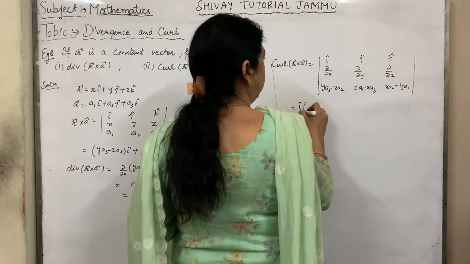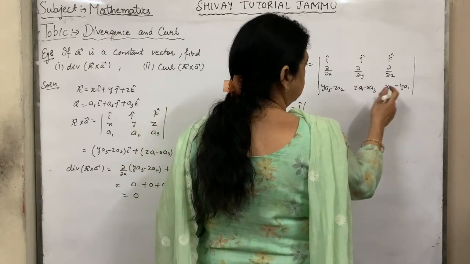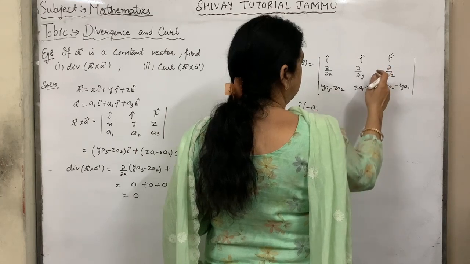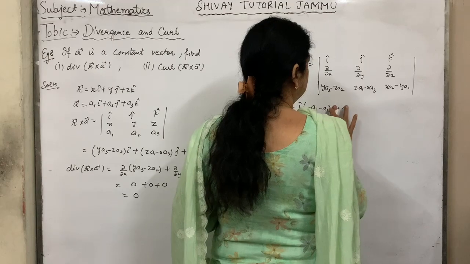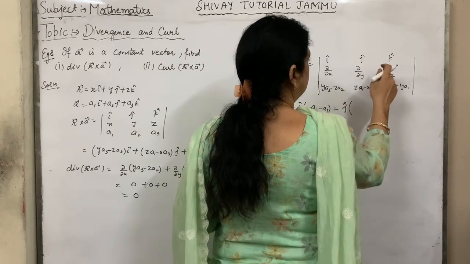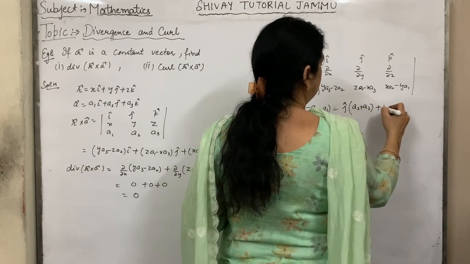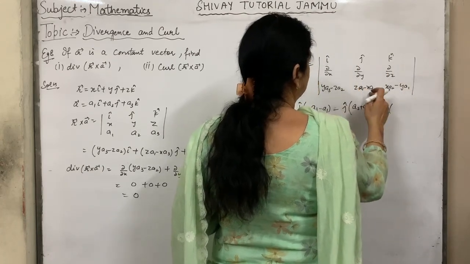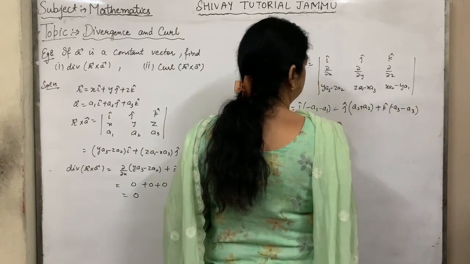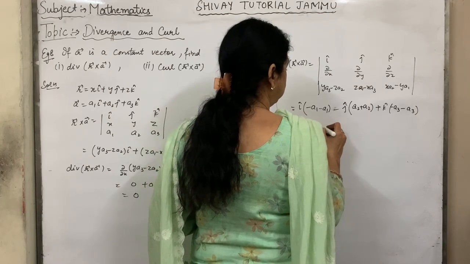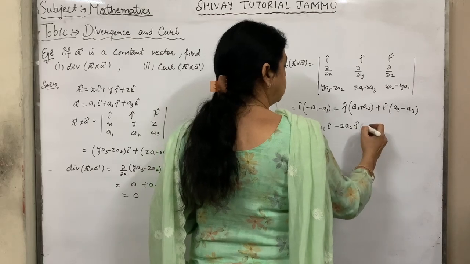Now with i, ∂/∂y of this gives minus a1, and with z we get minus a1, so minus a1 minus a1. For j, we will get with x, a2 plus a2, and with k I will get minus a3 minus a3.